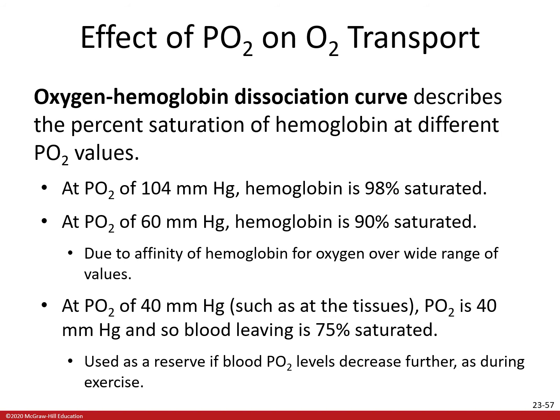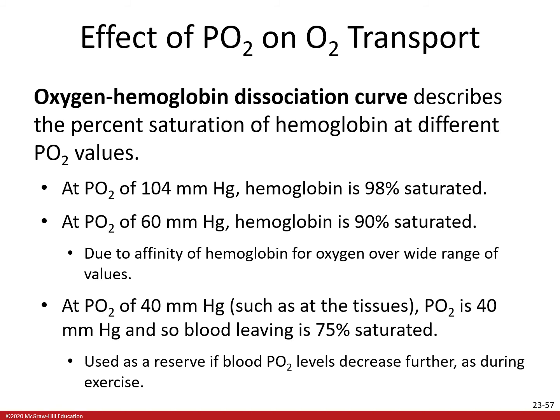Okay, so we are going to look at the effect of partial pressure of oxygen on oxygen transport. Specifically, we're going to look at something called the oxygen hemoglobin dissociation curve. This is essentially a graph that describes the percent saturation of hemoglobin at different partial pressure oxygen values.